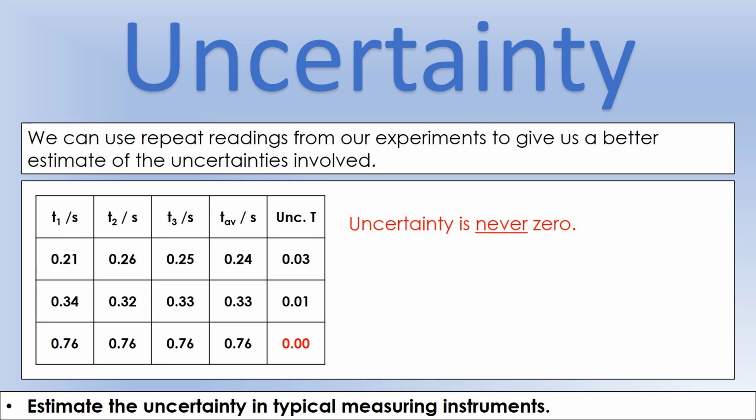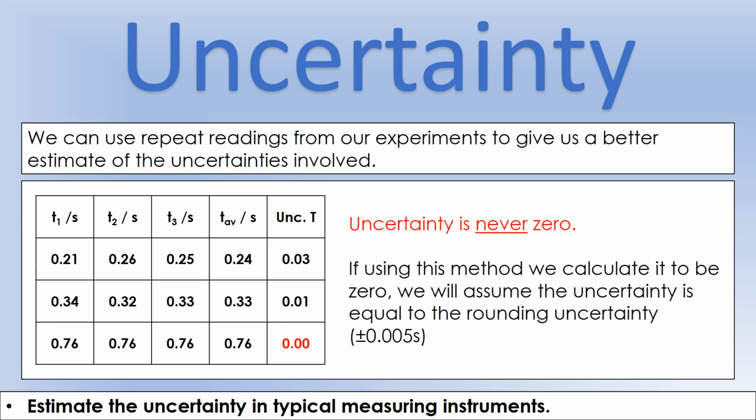If we were to calculate a value of 0, we would assume it to be equal to the rounding uncertainty. So if we're measuring times to 2 decimal places, we would go, nope, this is not 0, it's actually 0.005, which is our rounding uncertainty for a stopwatch. So uncertainty is never 0. We might need to substitute in that particular case.